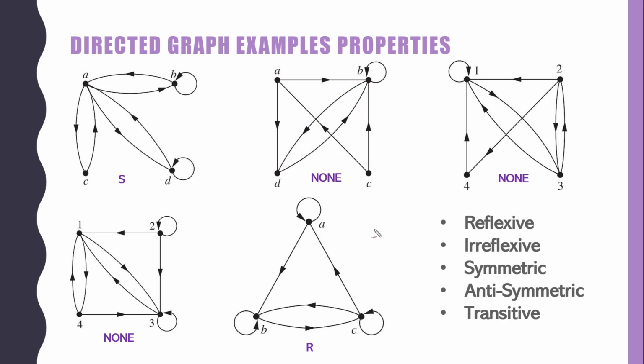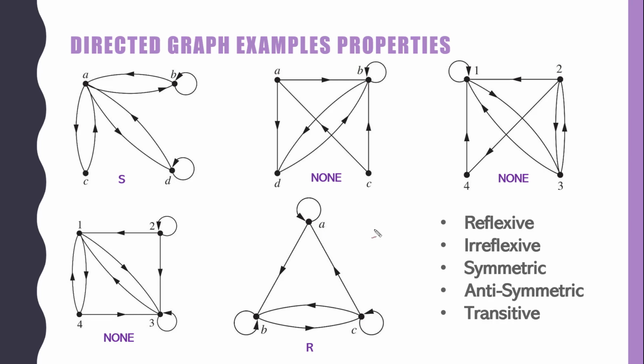It's very easy to use a digraph to look at your set, your relation, and see what properties that relation has. For reflexive, every node has a loop on itself. For irreflexive, none of the nodes have a loop on itself. For symmetric, every vertex that has a path to any other vertex must have a path going both directions.